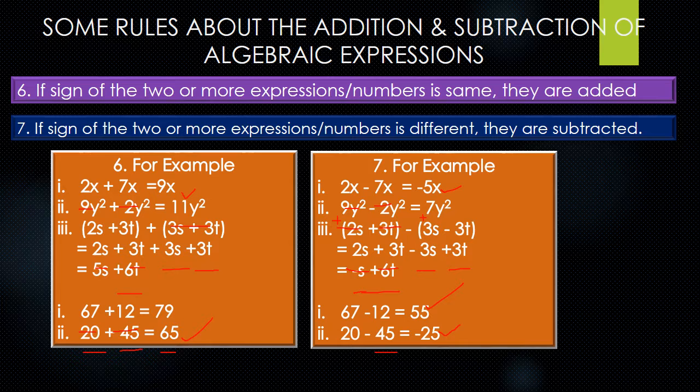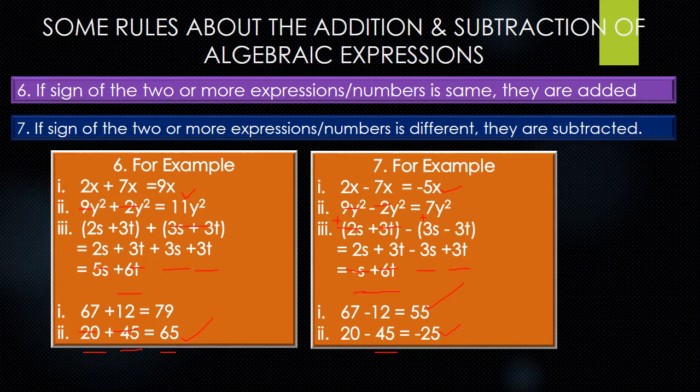Now you look at the numbers. 67 plus 12, both are positive, so I will add them. 20 plus 45, both are positive, so I will add them and I will get 65. Now you look at example 7. 2x minus 7x. Minus 7x is negative and 2x is positive.